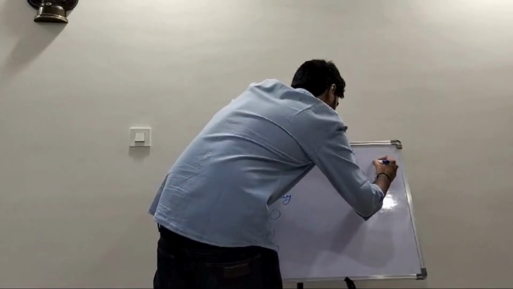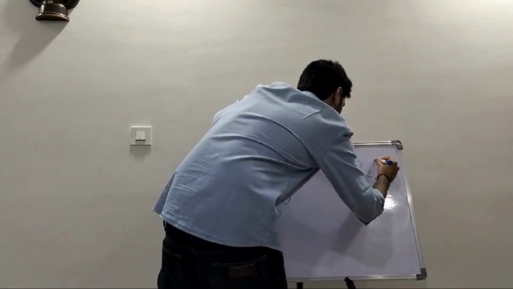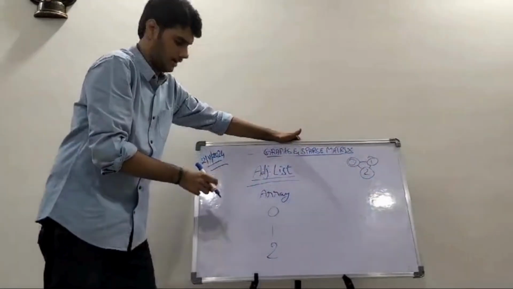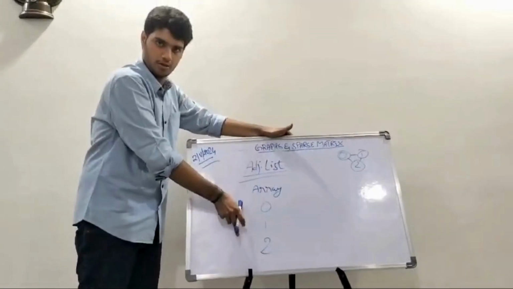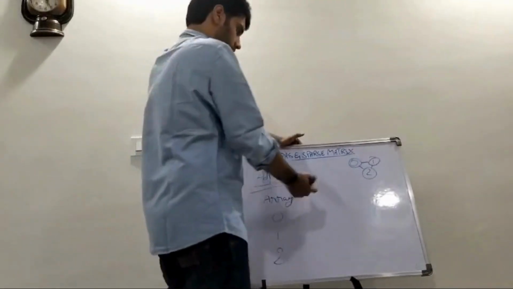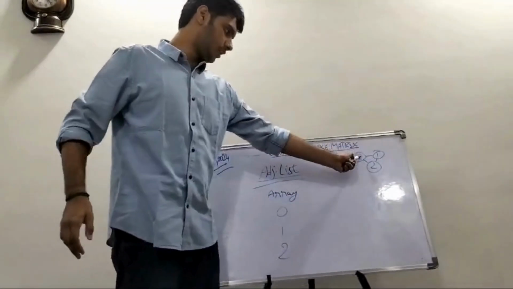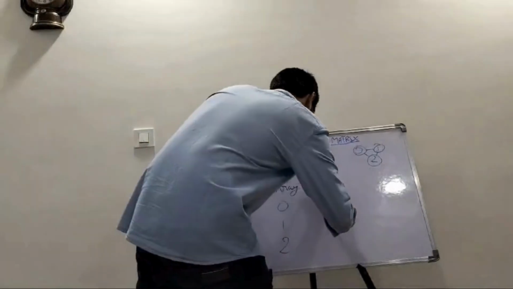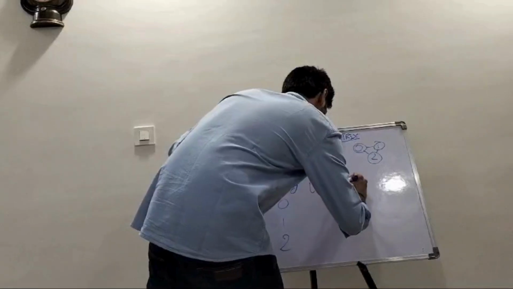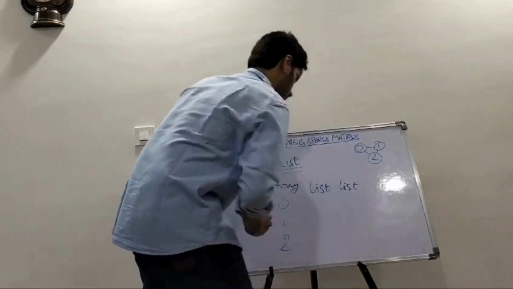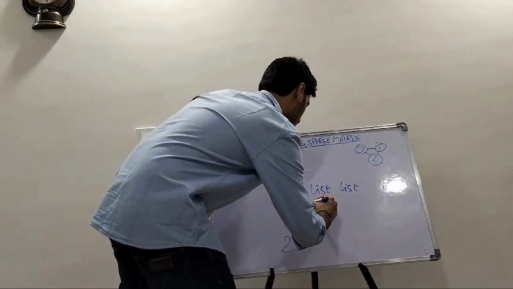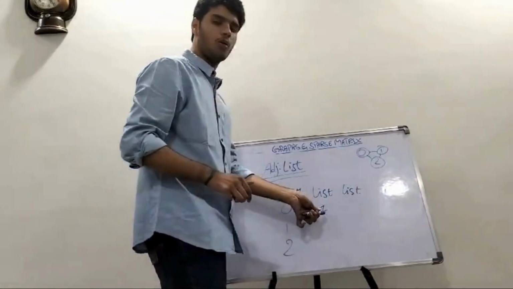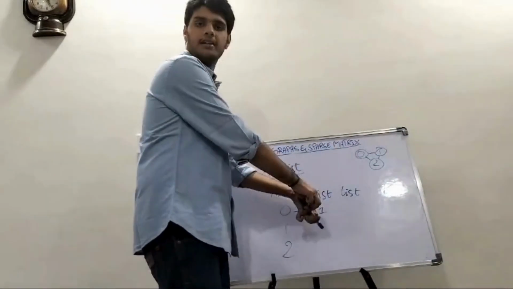So this is the undirected graph, and here this is the array based on the nodes. Here, let's look at the neighbors. 0 has neighbors 1 and 2. So here, this is the list. 0 has the neighbor 1. So we are representing 1 here with the array, and this is the list.